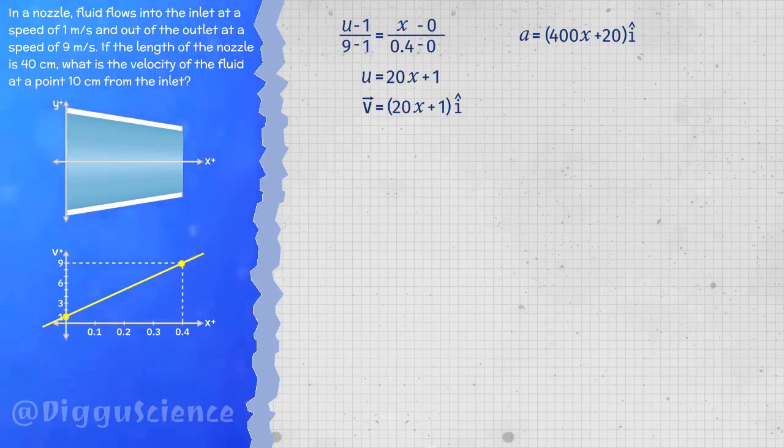This acceleration vector is a function of the variable x. At the test point, the value of x is 0.1 meters. This is an easy calculation. The magnitude of the acceleration is 60 meters per second squared. This value is positive. This means that the particle will move accelerated from left to right.